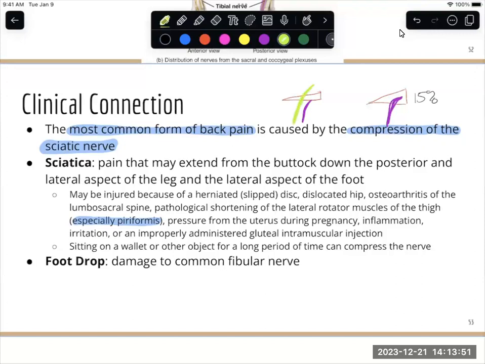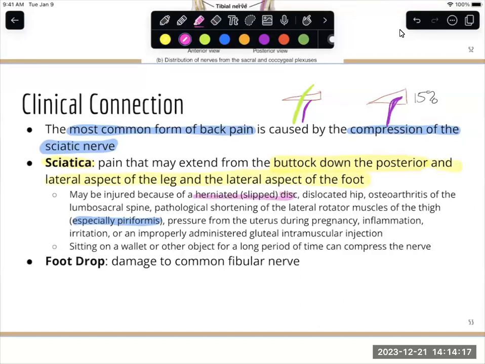Everybody is different, but this sciatica is pain, numbness, tingling that goes from the buttocks down the posterior and into the lateral aspect of the leg and the lateral aspect of the foot. What can cause this?